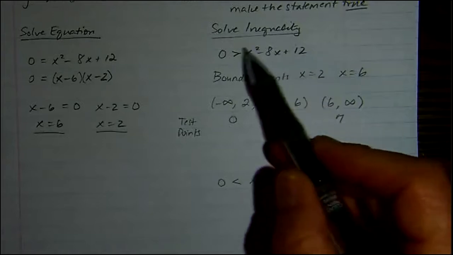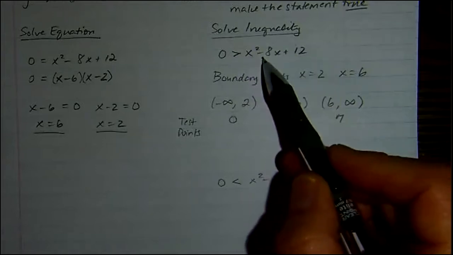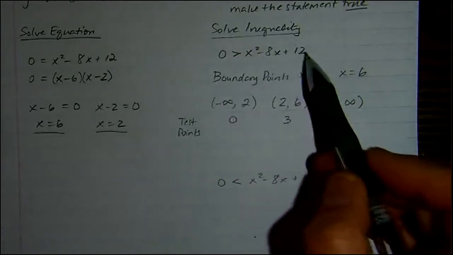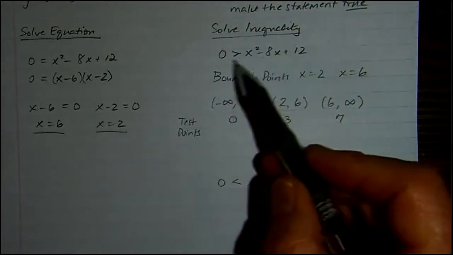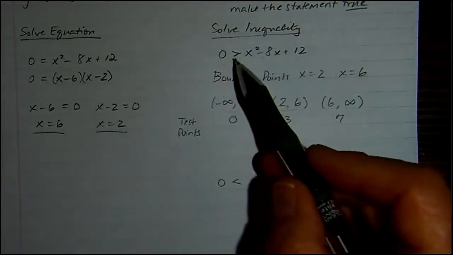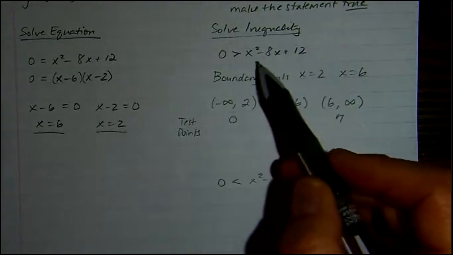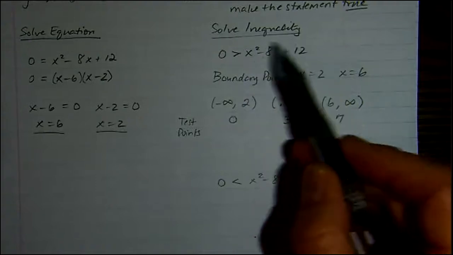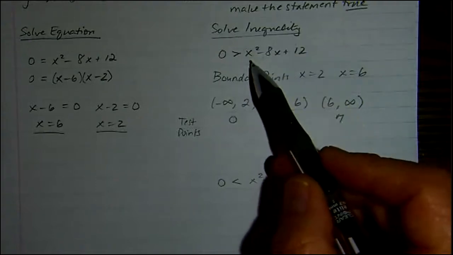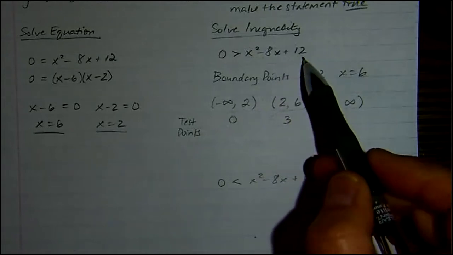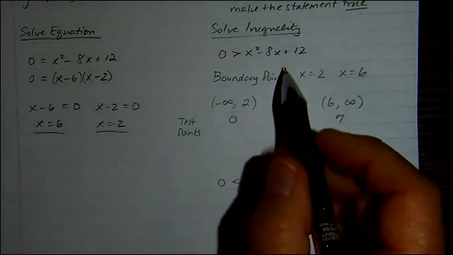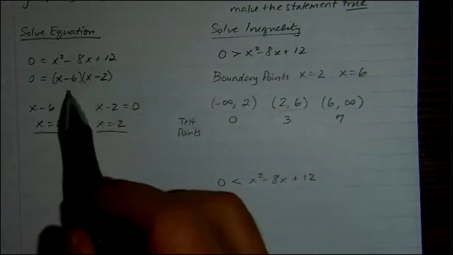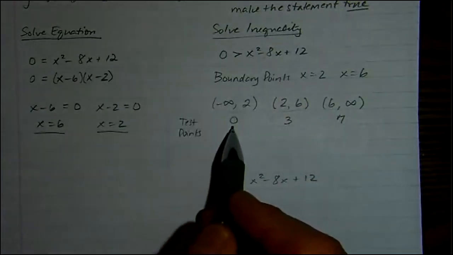If this number, when I put an x value in, is positive, then that is not going to solve my inequality, because a positive number is never less than 0. So what I'm looking for is what values of x make this expression actually less than 0, or negative. So I'm going to take the test point and put it back in here. But since I've already factored it to solve the equation, I might as well use the factored form. And all I'm looking for is, is it positive or is it negative?